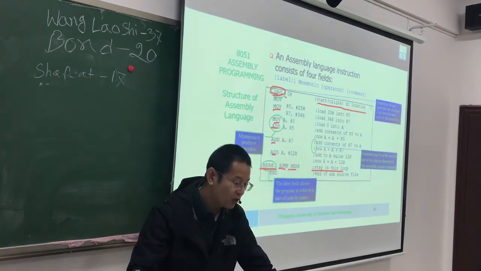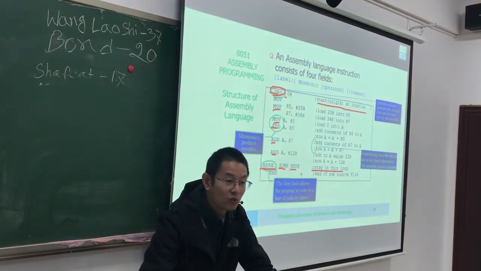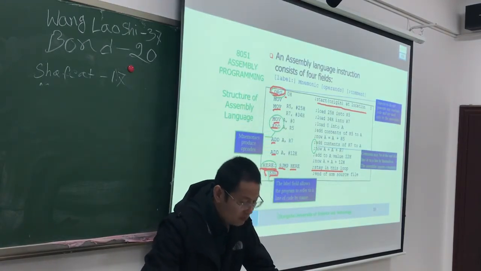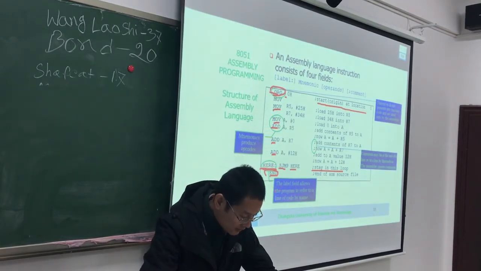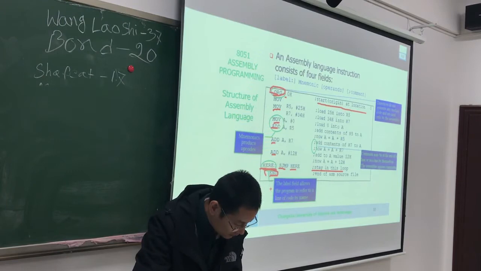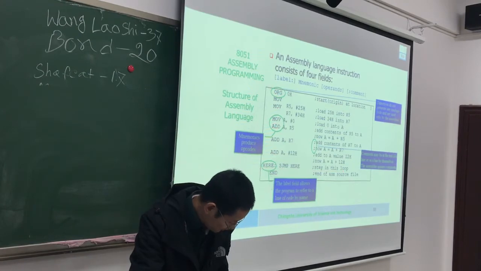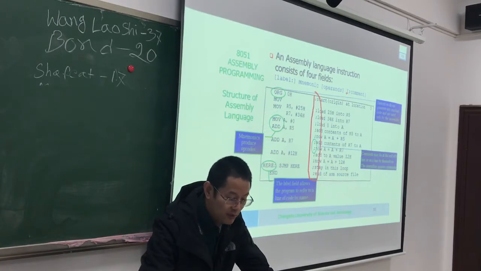SJMP is short jump to here, just loop here, which means the program is terminated. The semicolon is followed by comments.